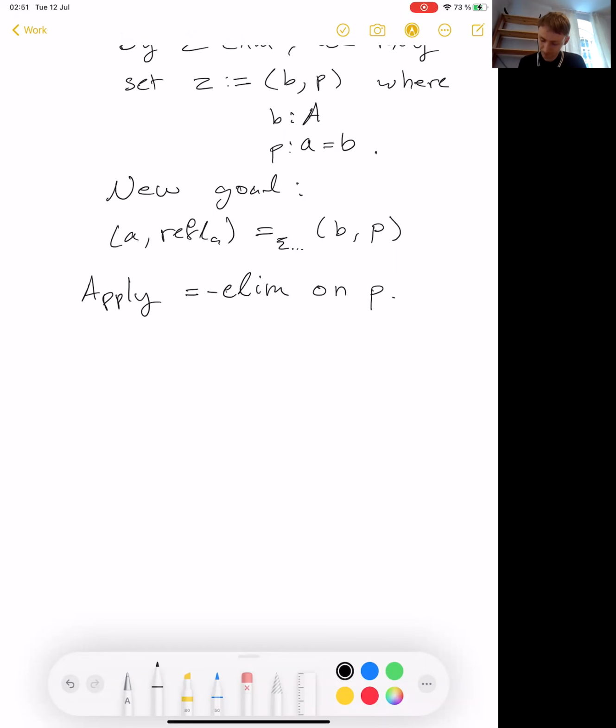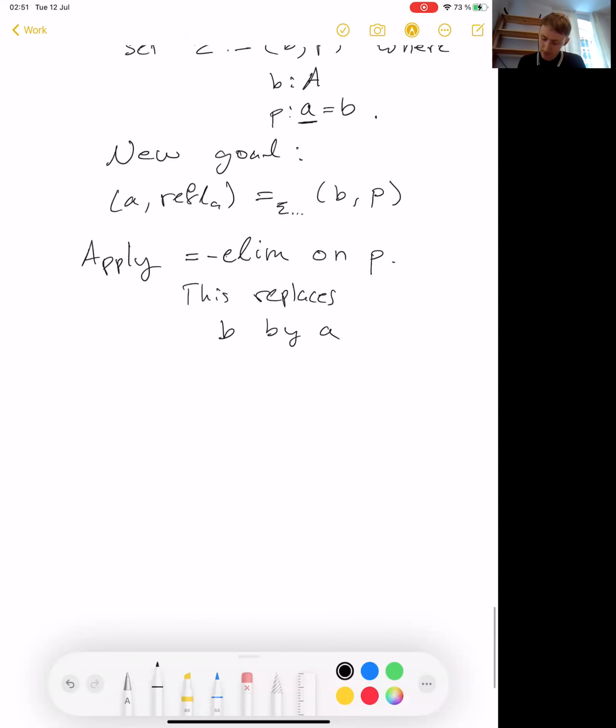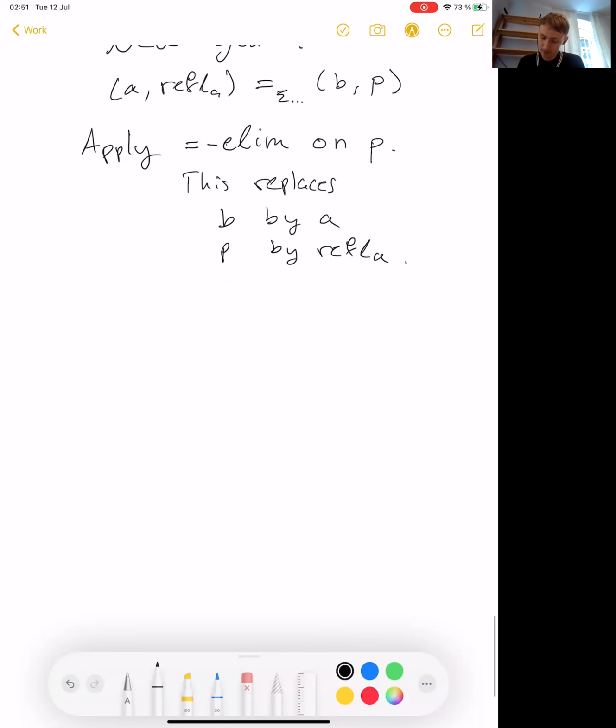What happens? This replaces B by A everywhere, because A was the starting point, and it replaces P by refl A. Aha.